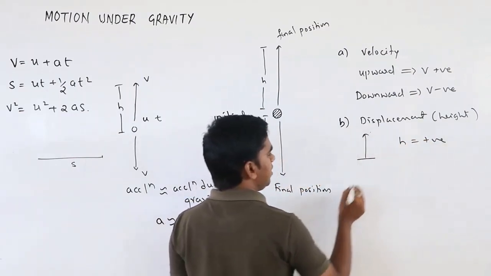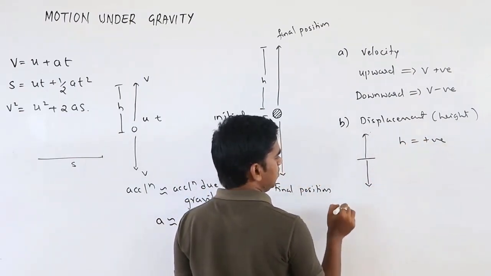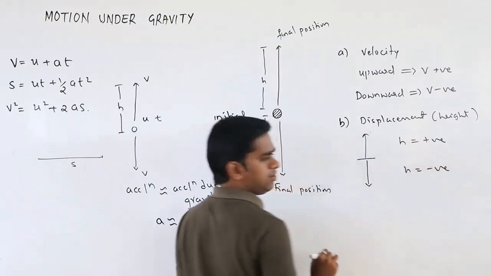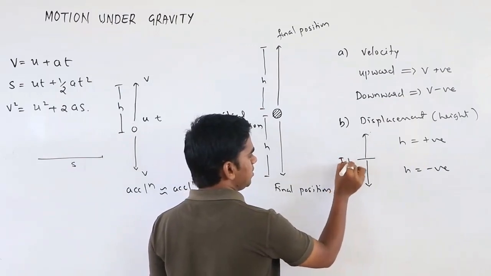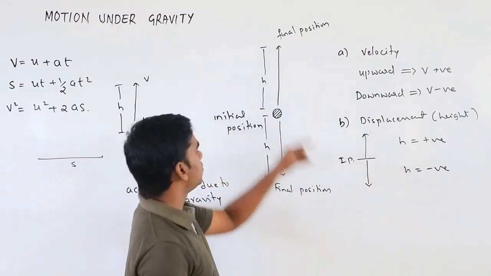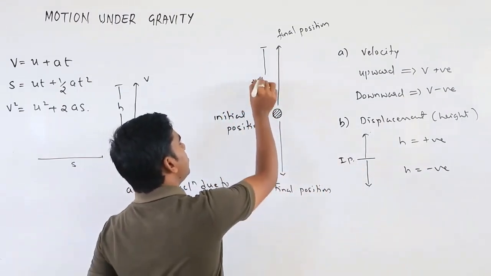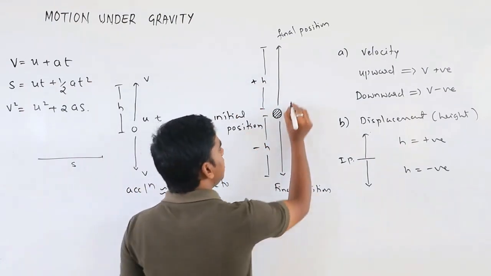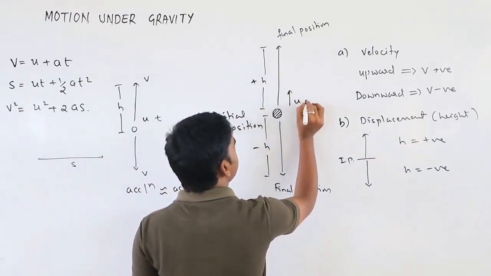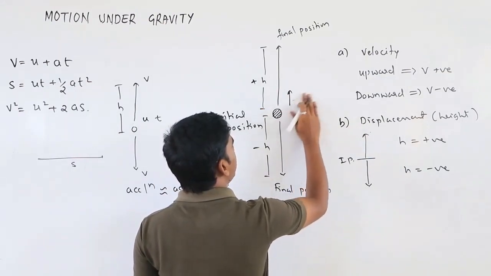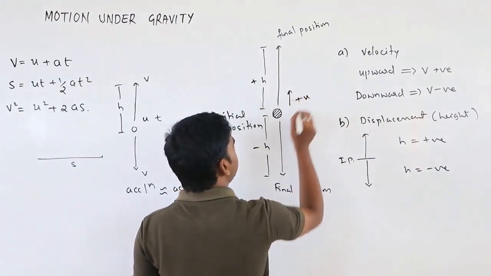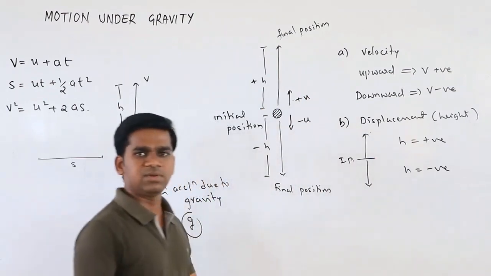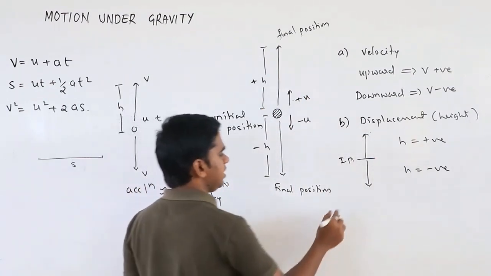Instead, if the final position is below, then h is taken to be negative. This is the initial position. So this h will become positive, and this h will become negative. If you are moving here, it is positive. If you throw in this direction, it is negative.